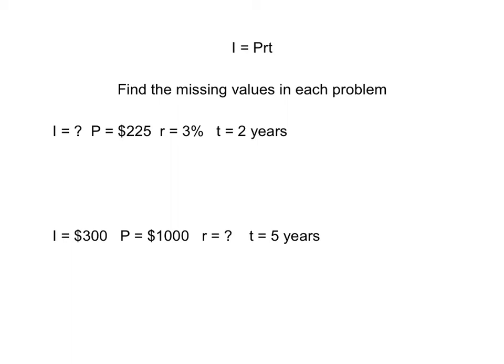So our I is equal to 225 times our rate written as a decimal, so 3% would be 0.03, times the number of years that we're investing, or times 2. So we're just going to put that right in our calculator.